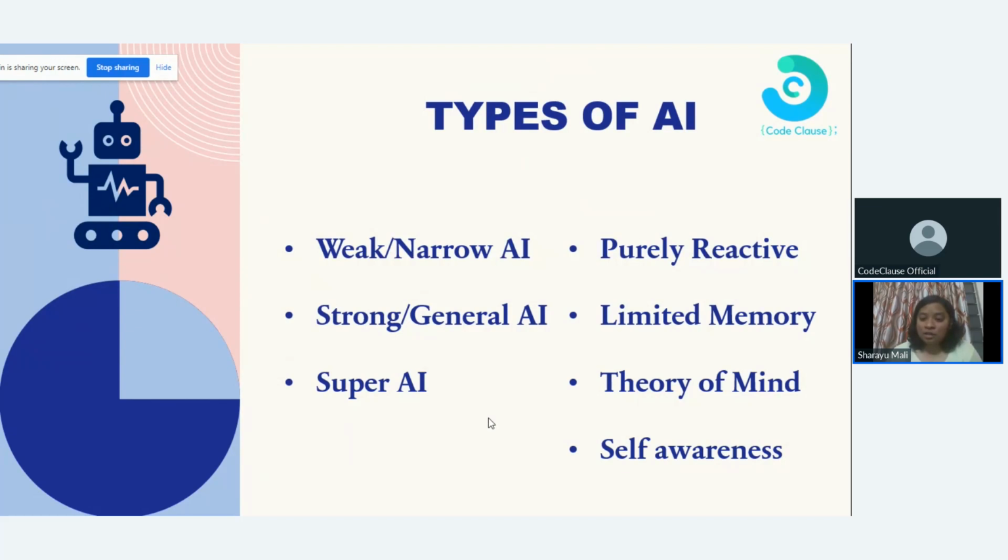Both of these are currently not developed. High-end research is going on in these areas. Mostly, the AI systems that we see today belong to the weak or narrow AI category.